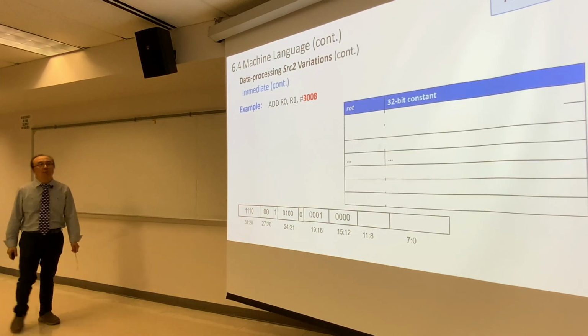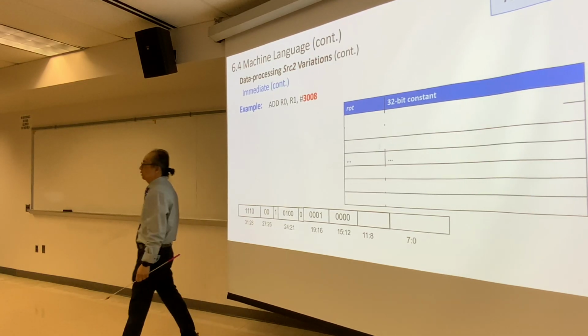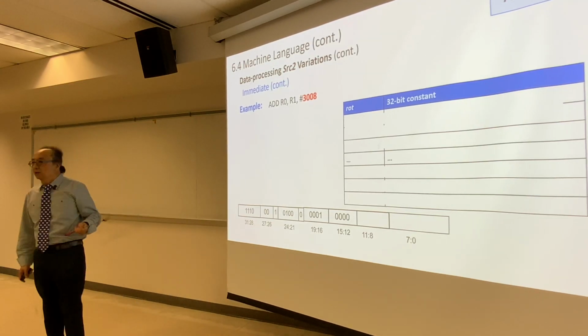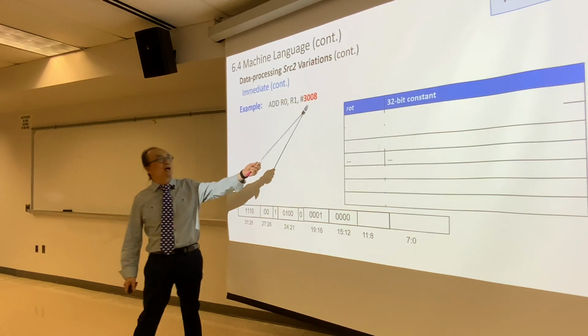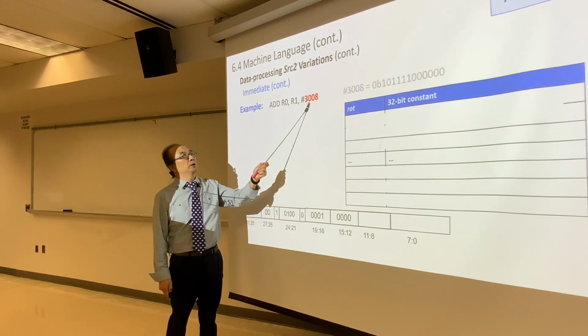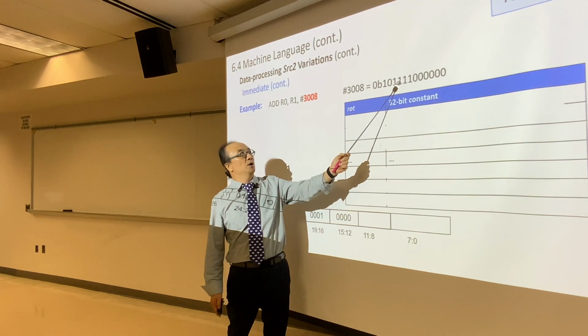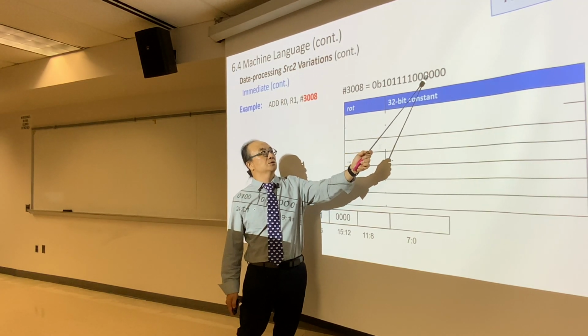Our next example, ADD R0, R1, decimal 3008. Obviously, there's no way we can fit this 3008 into 8 bits, right? What's the binary number for this? 3008 is 101111000000.